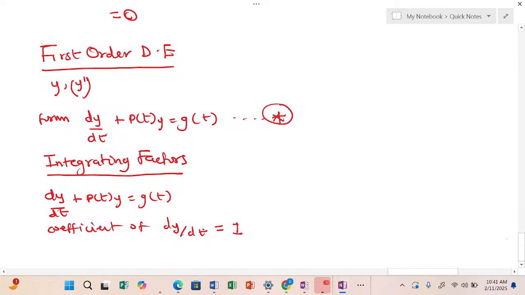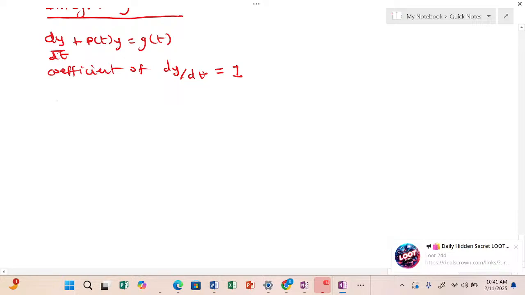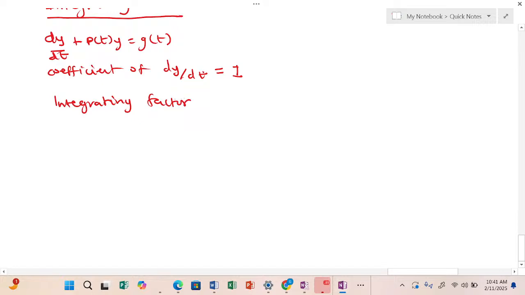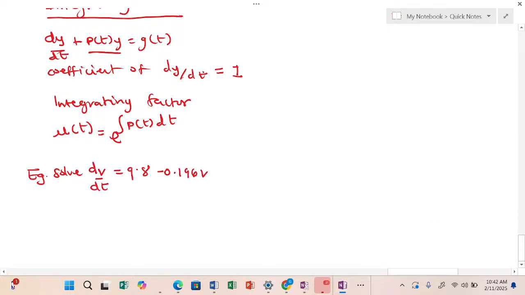So when we satisfy all of these conditions, then we move ahead to look for our integrating factor. And we know that our integrating factor is represented by mu of t, and that should be equal to e raised to the power the integral of p(t) dt.